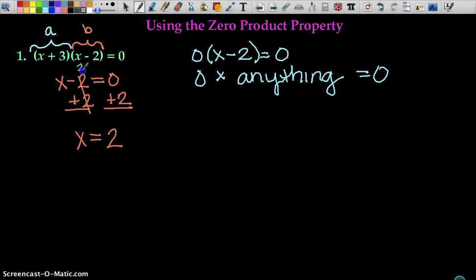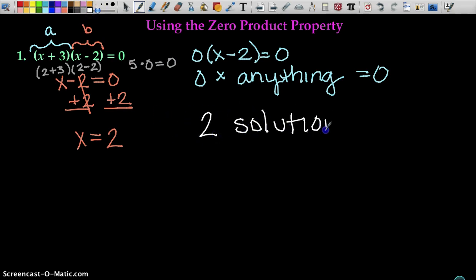If you put 2 in for x, what you would end up getting is 5 times 0, which is 0. So we actually have two solutions. One of the solutions was x equals negative 3, and another solution was x equals a positive 2.